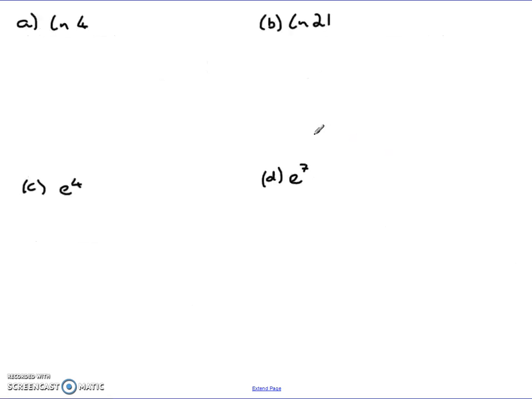So the first set of questions was really just to make sure you could use your calculator properly and get the values of logarithms and exponentials, so natural logarithms and exponentials. ln 4: what you should have got is 1.39 to two decimal places. ln 21, again, make sure you use the ln part of your calculator, you should get 3.04 to two decimal places. e to the power of 4 gives you 54.60.